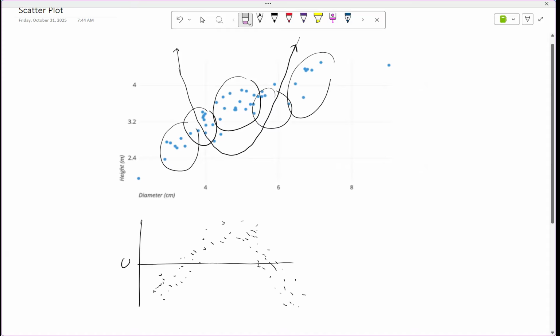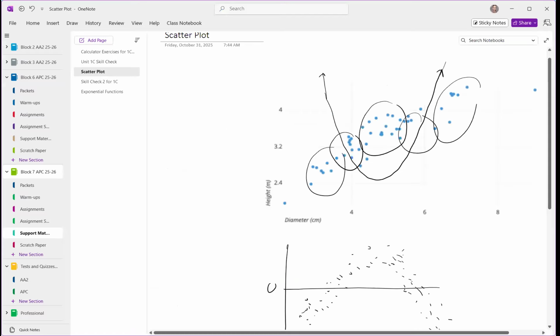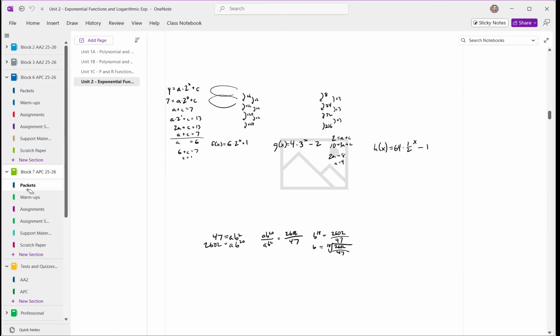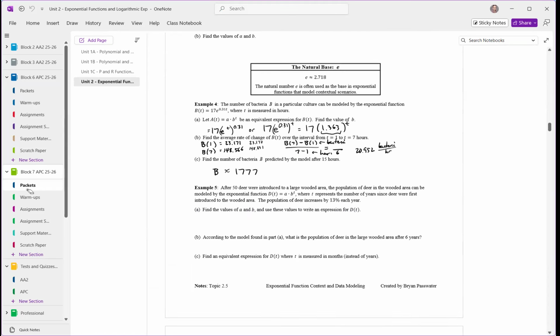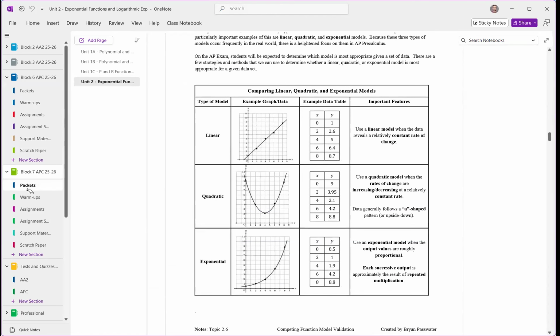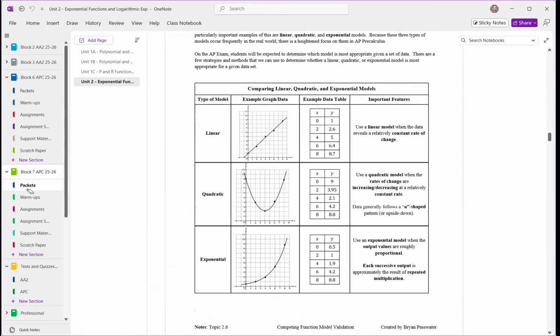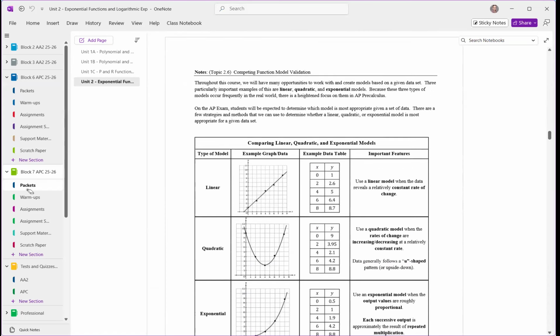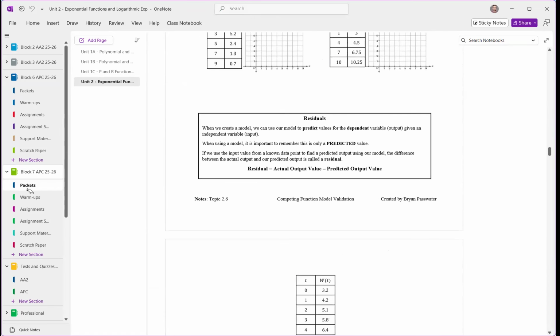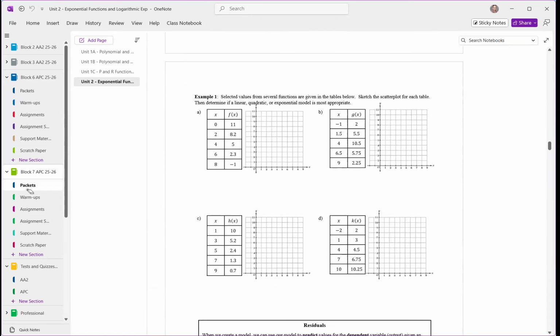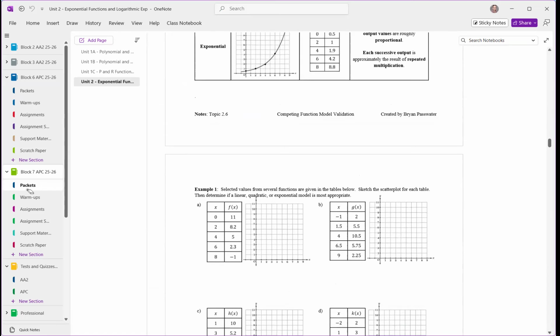This is largely day 5. So let's take a look at the actual packet for day 5. We're talking about only 3 different types of regression, so 2.6. Actually, let's go here.